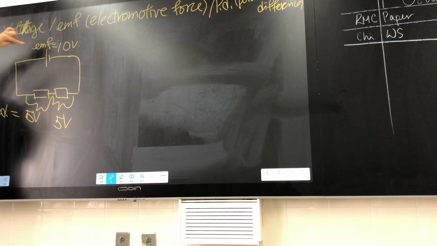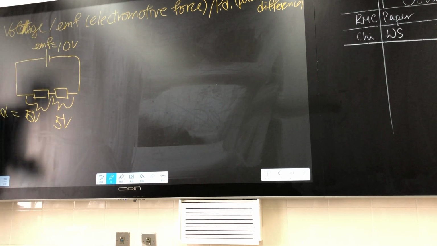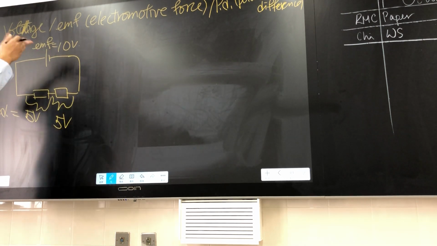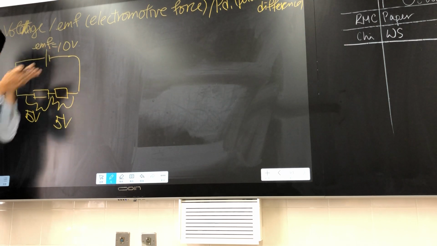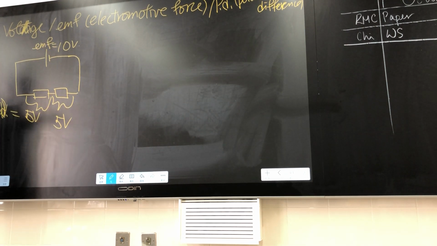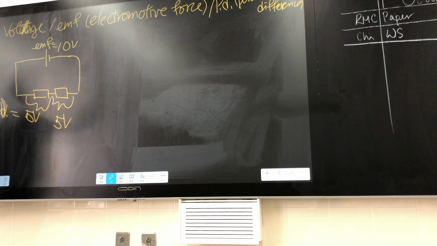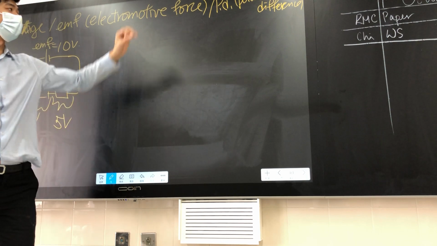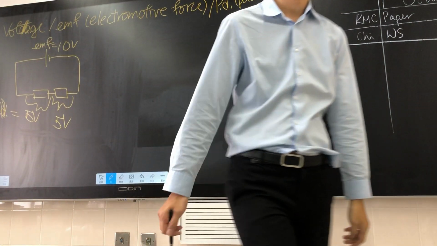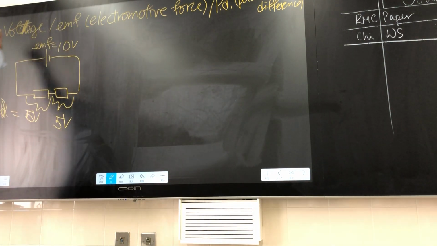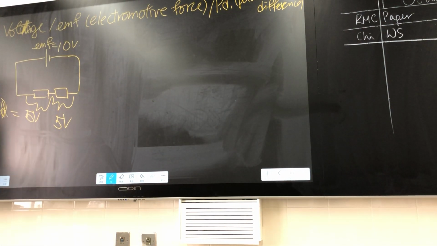Actually, these two values are also called voltage. However, in order to label which one is the voltage supplied, which one is the voltage consumed, those scientists invented two words. So for the voltage supplied, we call this the electromotive force. For the voltage consumed, we call this the potential difference. And actually, both of these two words are also voltage, okay?